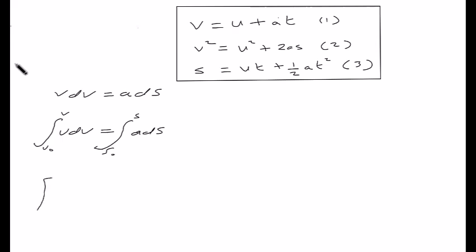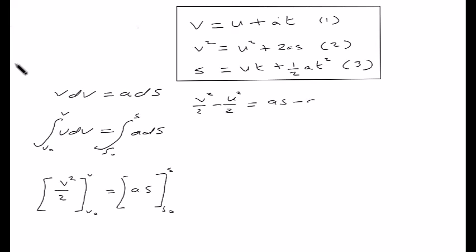So what we end up with here is v squared over 2 between the limits of v0 and v, which is equal to as, between the s0 and s limits. Then we can open up these limits to give us v squared over 2 minus, instead of v0 I'm going to use u squared over 2, which is equal to as minus as0.